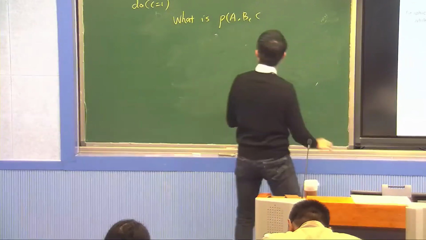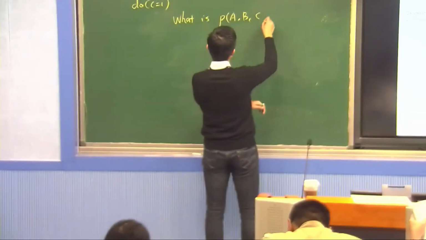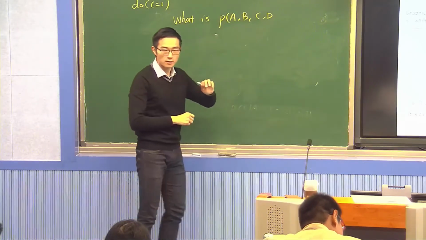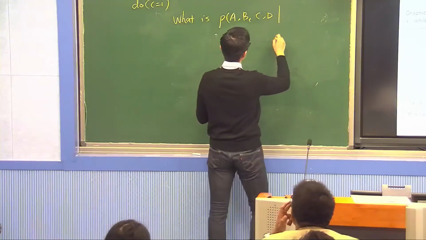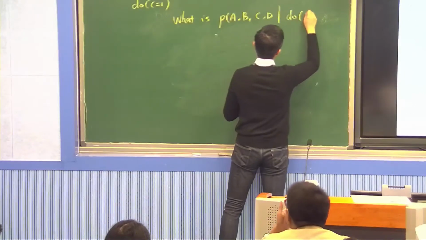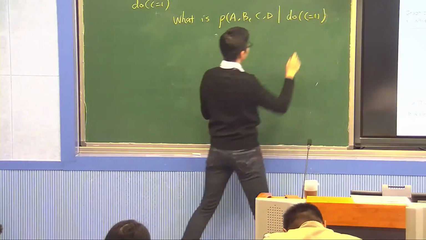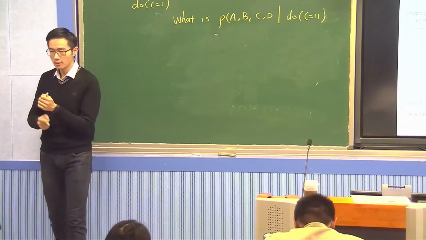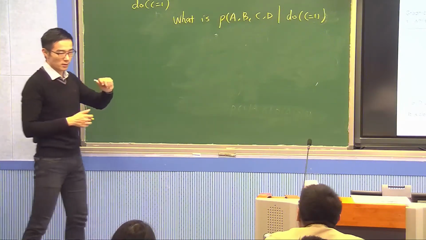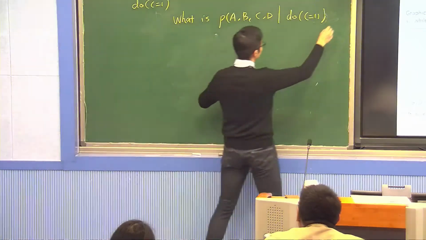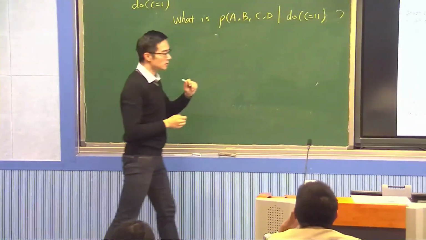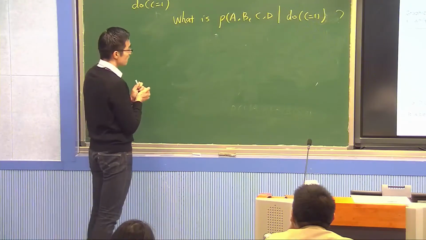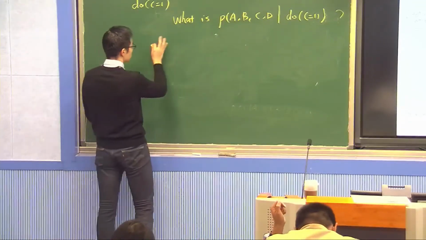What is P(A, B, C, D), the joint distribution of all of them, conditional on do C equal to 1? I manipulate C. I go in and I set C equal to 1. What is the joint distribution of A, B, C, D afterwards? It turns out that the result, we can write it this way.